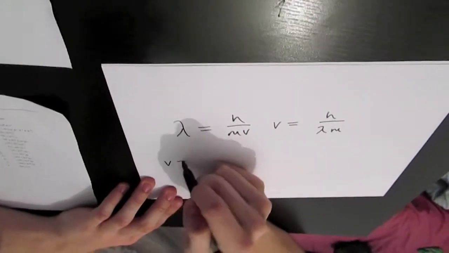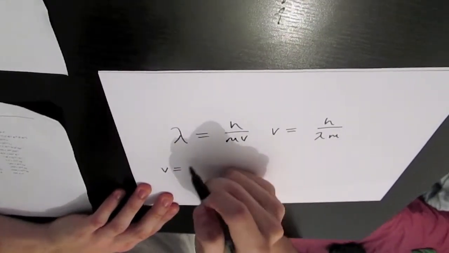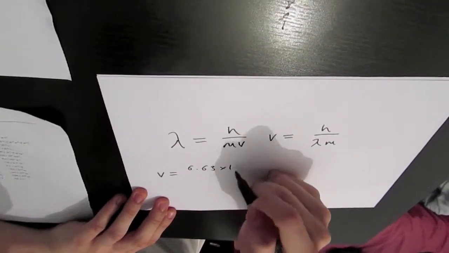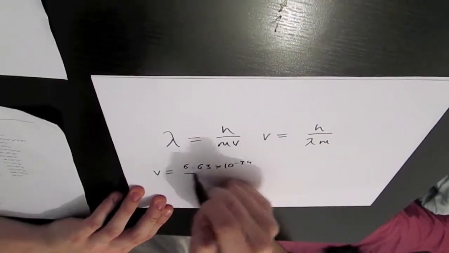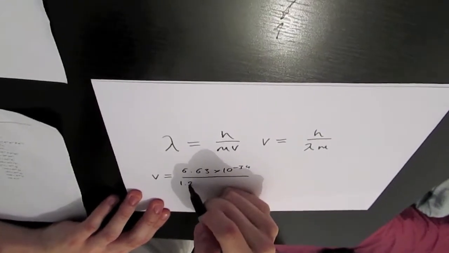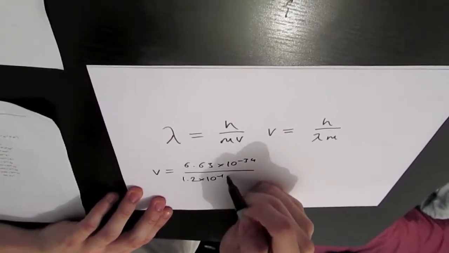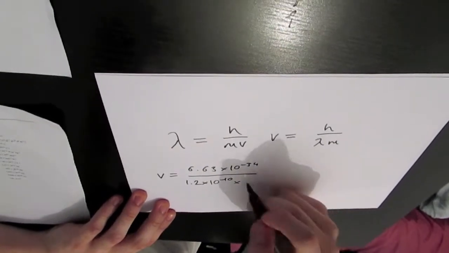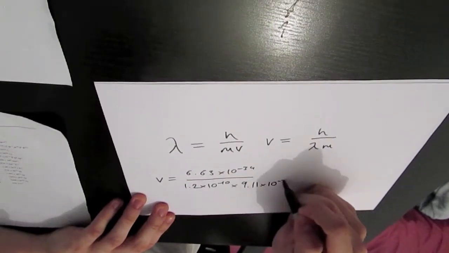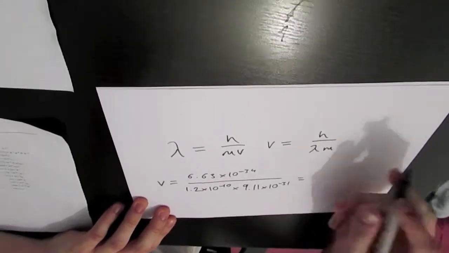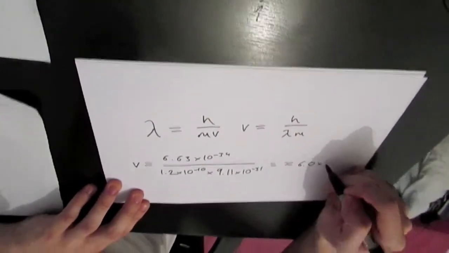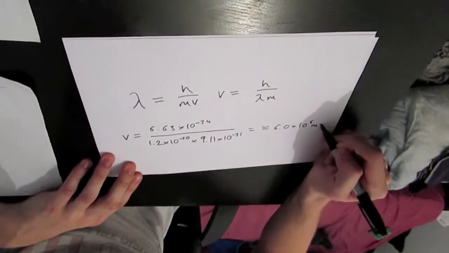Then you input your values. h is Planck's constant, which is 6.63 × 10^-34, over the de Broglie wavelength of this electron, which is 1.2 × 10^-10, multiplied by the mass of an electron, which is 9.11 × 10^-31, which gives you around 6.0 × 10^6 meters per second.